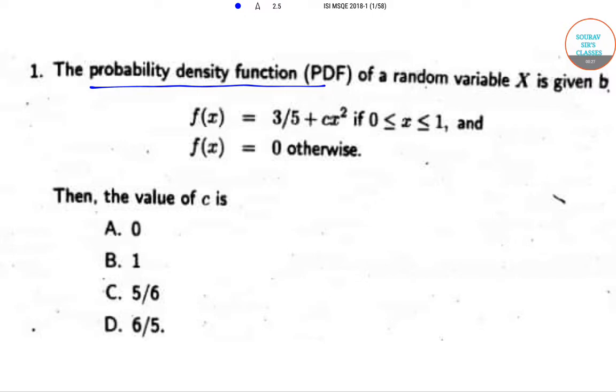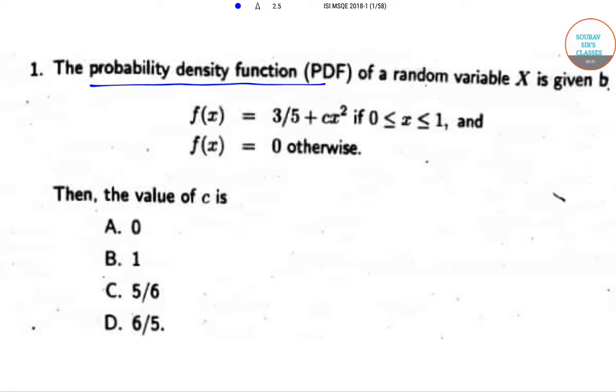Now we know that the summation of all probabilities gives us 1. So now, since this is a continuous variable, integration of f(x) dx is equal to 1, where x ranges from 0 to 1.